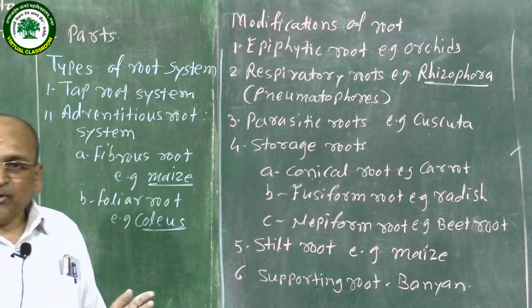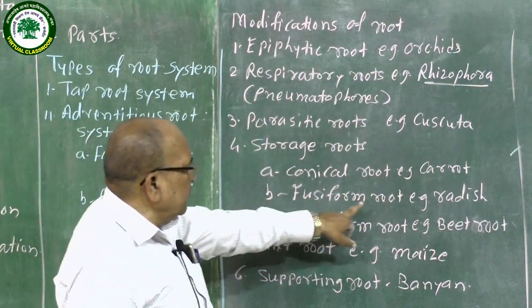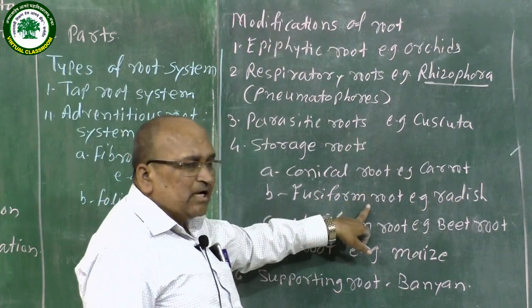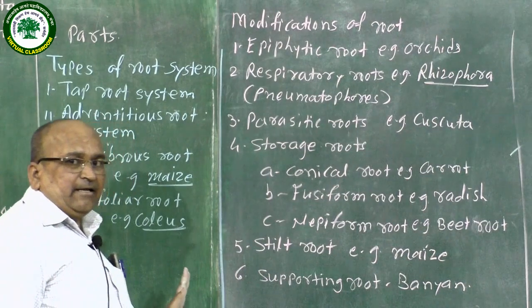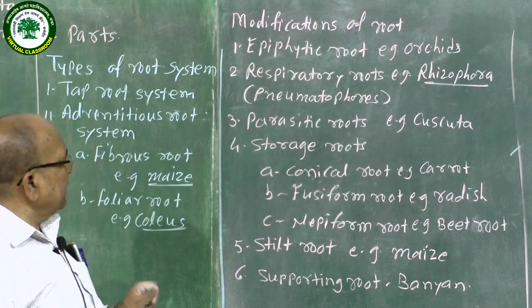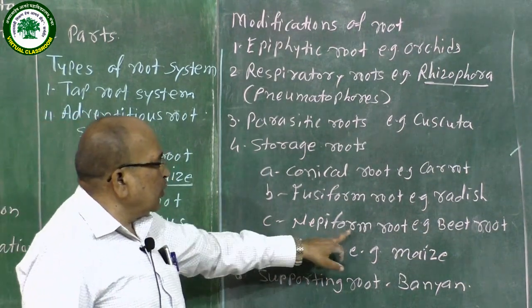So this type of root is called a fusiform root, and this root is also modified only for the storage of food material. Third one is the napiform root.